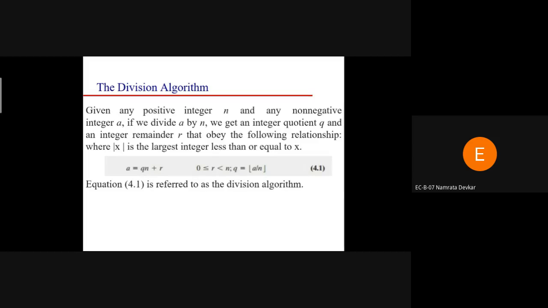Now tell me what should be the quotient and what should be the remainder. Again I'll repeat the values. Note down the equation of the division algorithm: a is equal to qn plus r.